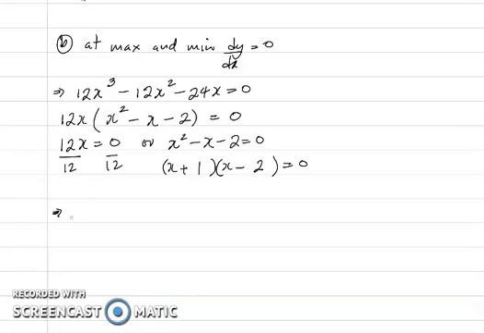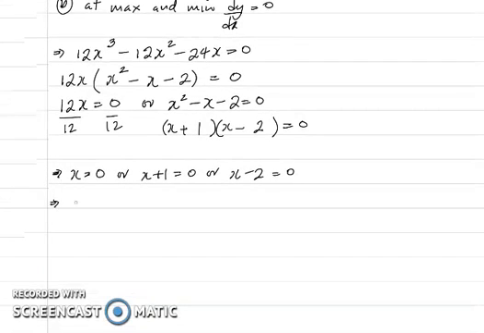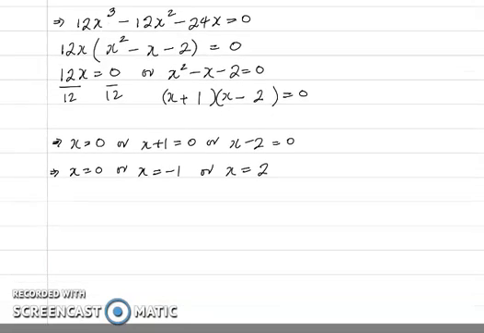So therefore, I'm going to have x is equal to 0, or x plus 1 is equal to 0, or x minus 2 is equal to 0. So therefore, x is equal to 0, or x is equal to minus 1, or x is equal to positive 2. So we're asked to find the stationary points. So these are not points. So what we have here are the values of x at the stationary points.